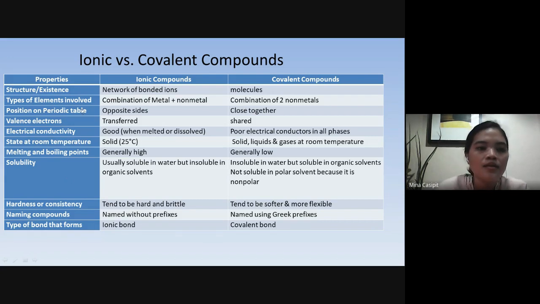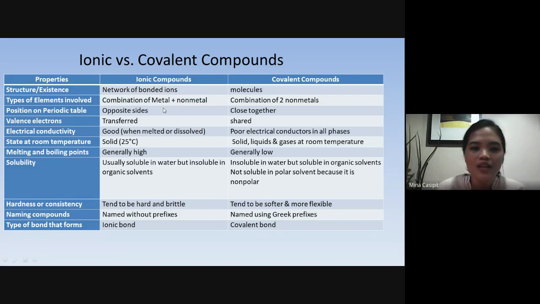Okay? So the third property is the position on the periodic table. As you observed earlier, sa periodic table of elements po natin, yung ionic compounds, the metal and non-metal elements can be found on opposite sides.